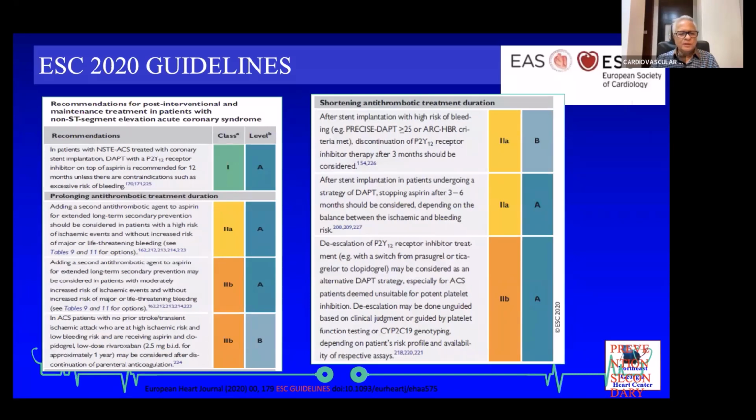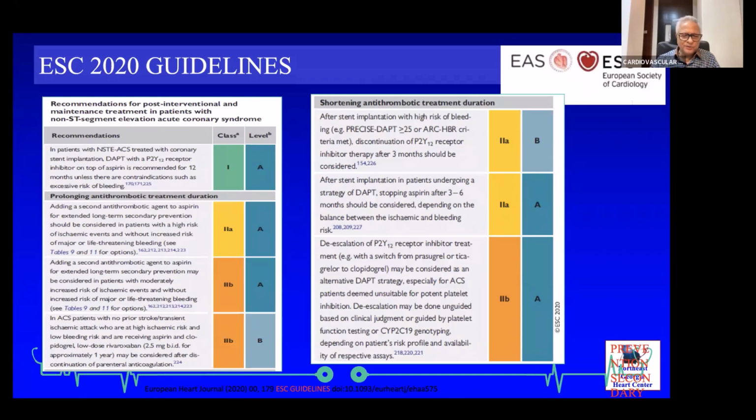Prolonging antithrombotic treatment duration beyond 1 year in ACS, you can do it if there is high ischemic burden but low bleeding risk; you can consider DAPT for longer than 1 year. Similarly, with a moderate ischemic event and less chance of bleeding risk, you can again consider it for a longer time.